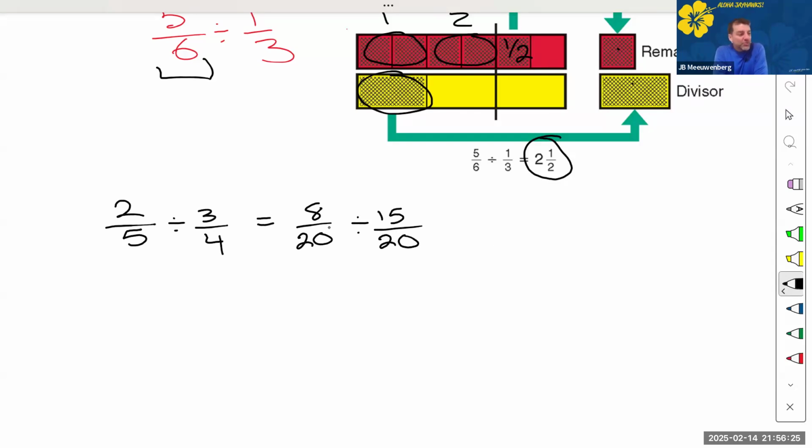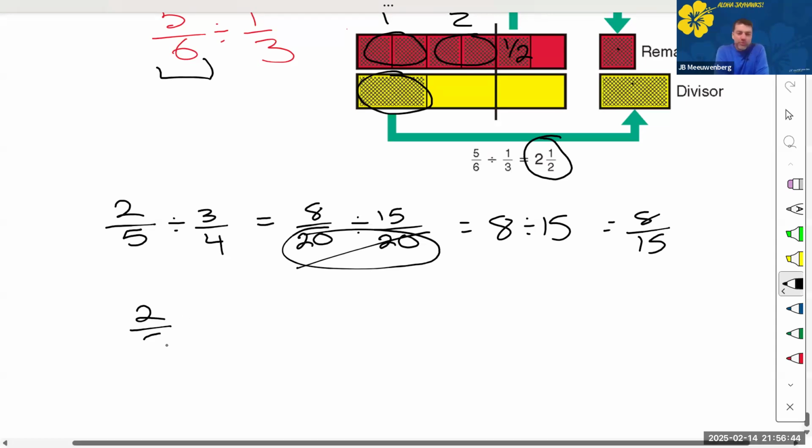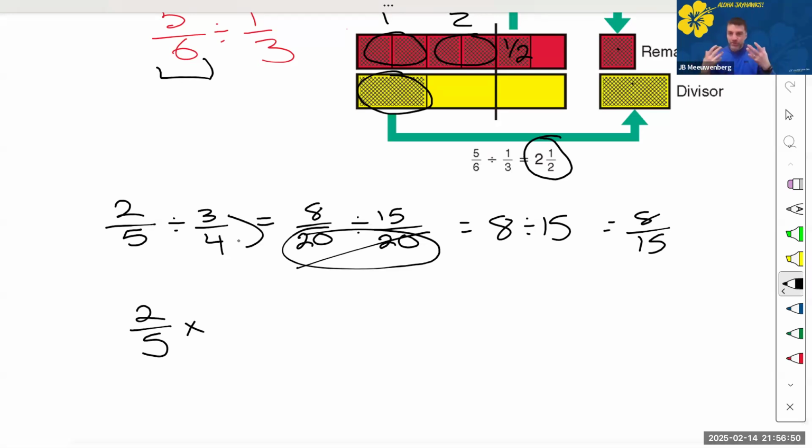And then once you get your common denominators, you just ignore them and take the numerator, 8 divided by 15, which is 8/15. And that way, it does work. What we tend to do now, though, is multiply by the reciprocal. 2/5 times, when we invert the divisor, it has this name.